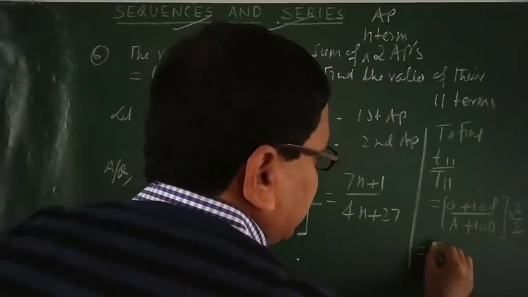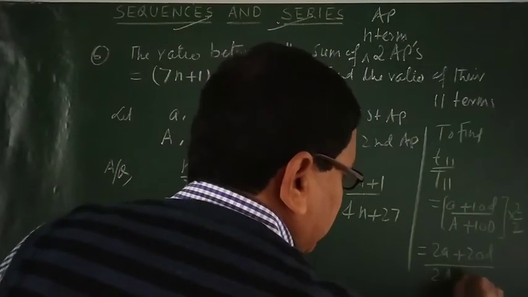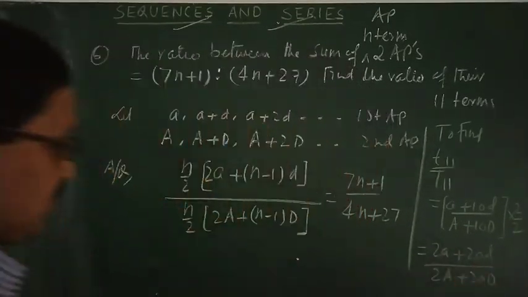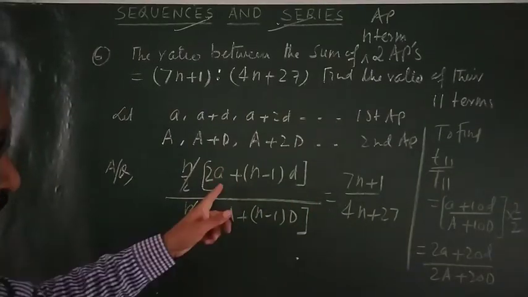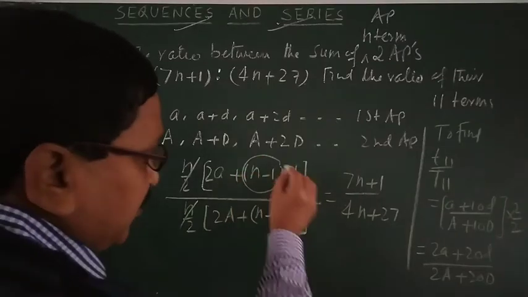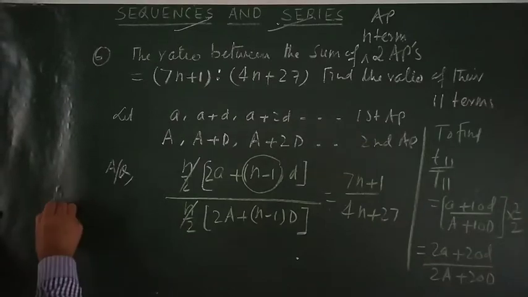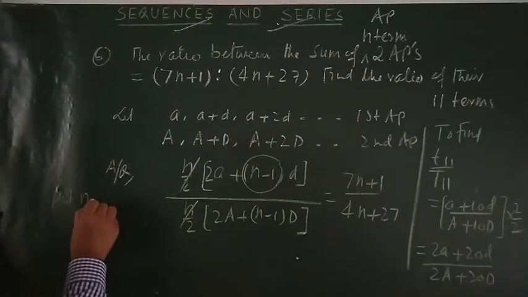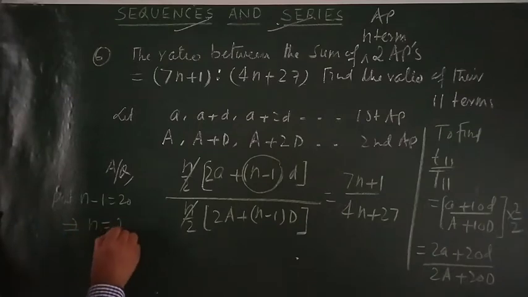We are left with 2a plus 20d by 2 capital A plus 20 capital D. Now see, 2a is already here. To make it 20, put n minus 1 is equal to 20, it means n is equal to 21.